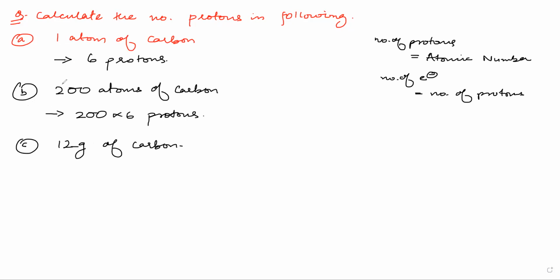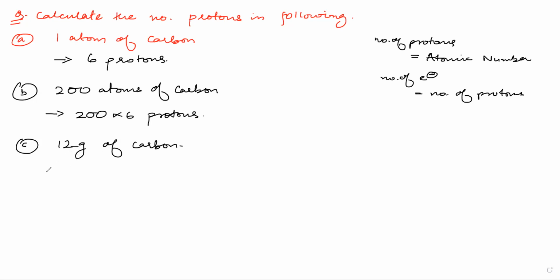Since we had one atom, we can convert directly from atoms to protons. We just have to multiply the number of atoms by the number of protons in one atom, that is 6, correct? But from mass, we cannot go to the number of protons directly, right? We cannot go from grams to protons directly. We have to calculate the number of atoms of carbon.